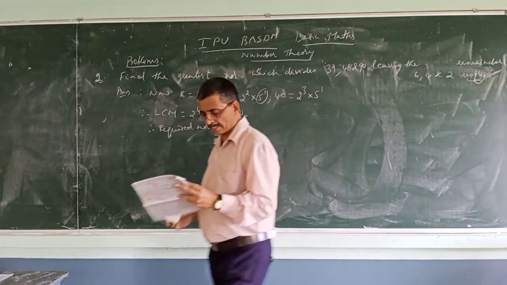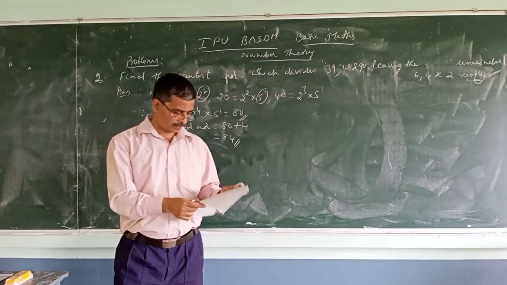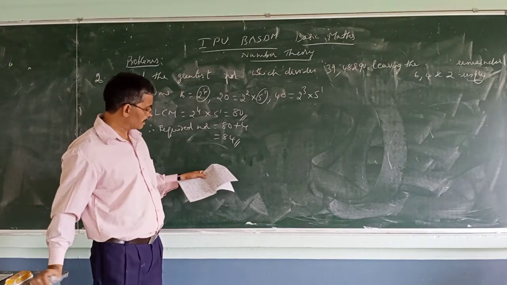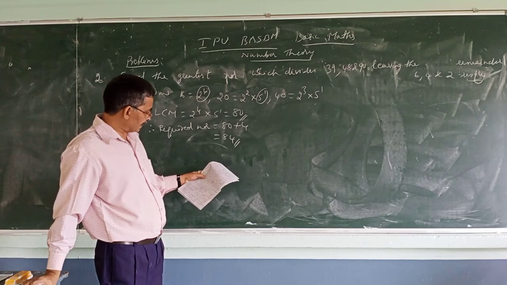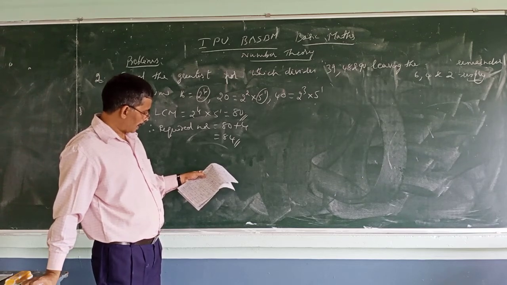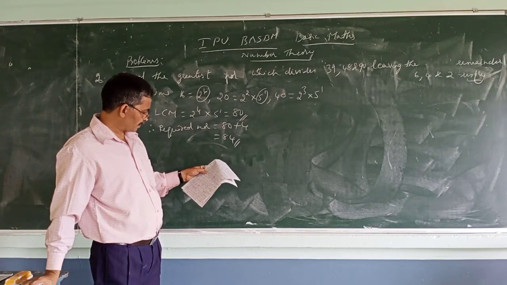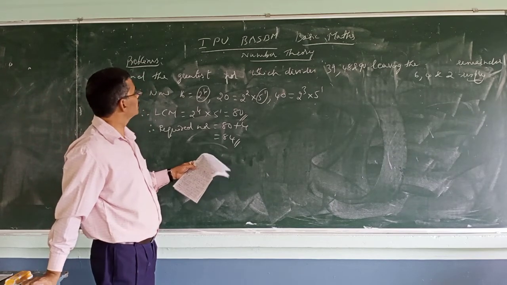Let me read the question again. Find the greatest number which divides 39, 48 and 90, leaving the remainders 6, 4 and 2 respectively.